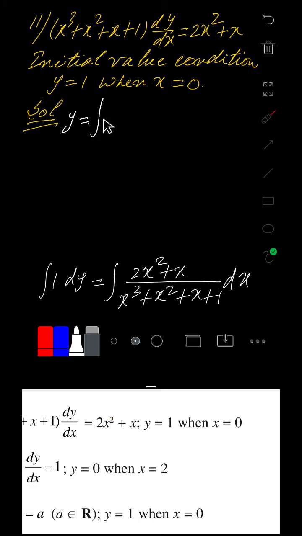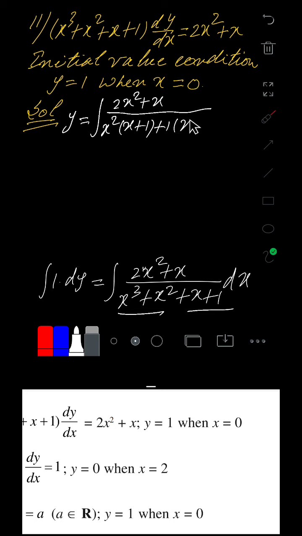On the right hand side, we need to factorize the denominator in order to integrate the given expression. So 2x square plus x divided by, out of first two terms, x square is common. We get x plus 1 inside the bracket. And out of the second pair, we have only one common. So in the bracket, we have x plus 1 dx.